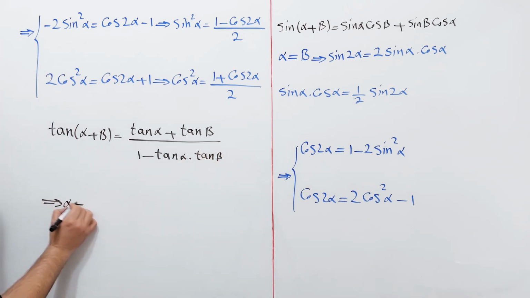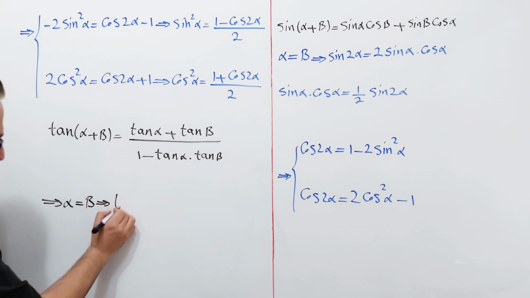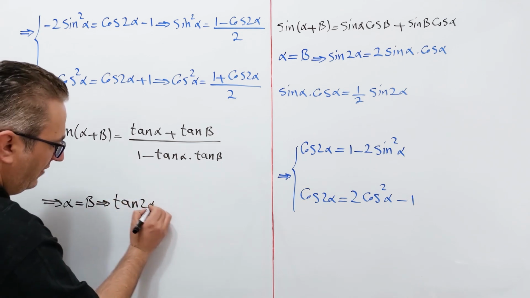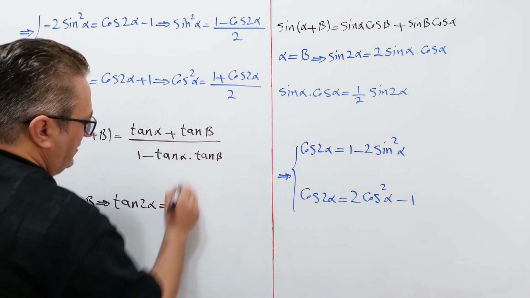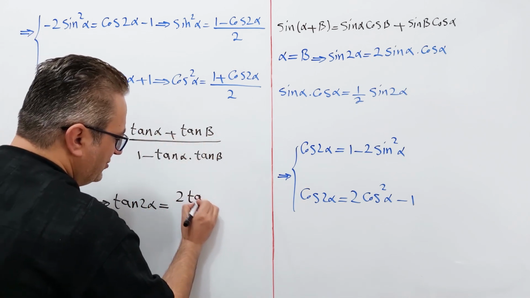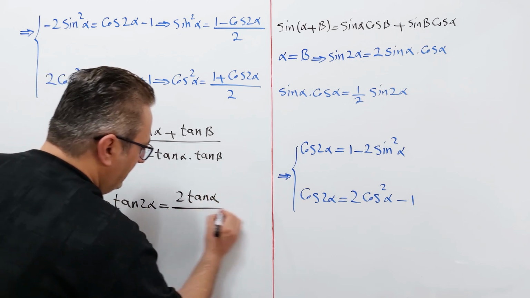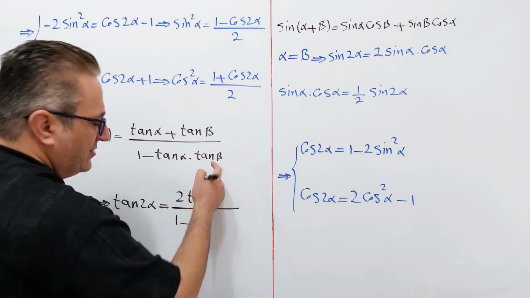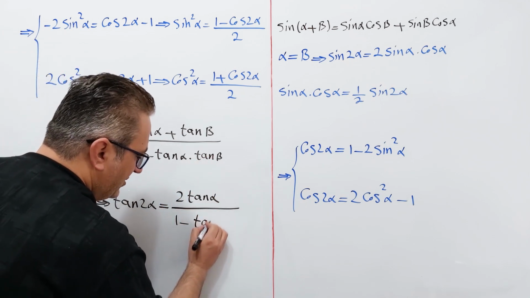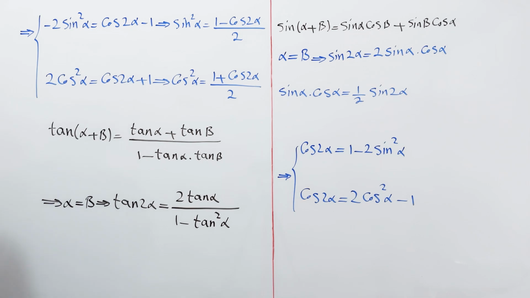So if alpha is equal to beta, we have tangent 2 alpha is equal to tangent alpha plus tangent alpha, which is 2 tangent alpha, divided by 1 minus tangent alpha times tangent alpha, which is tangent squared alpha.